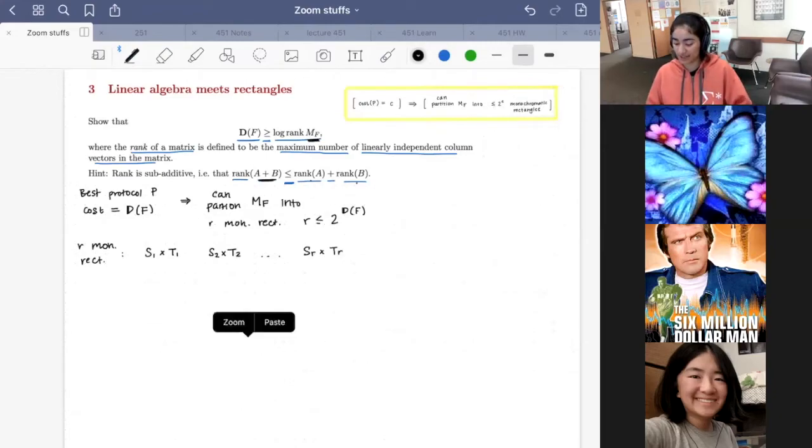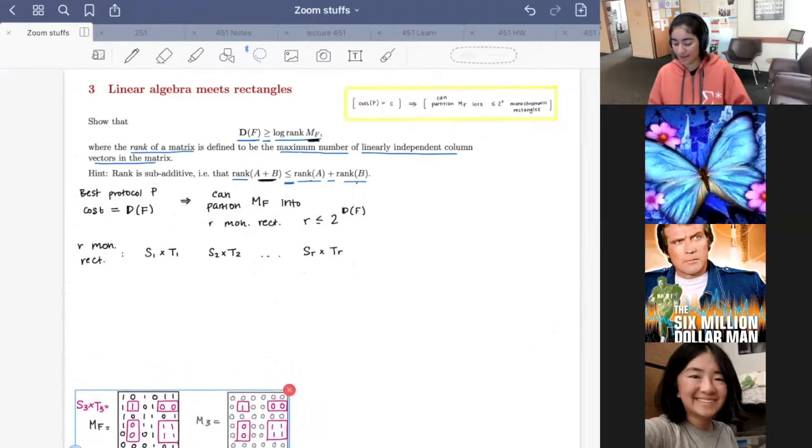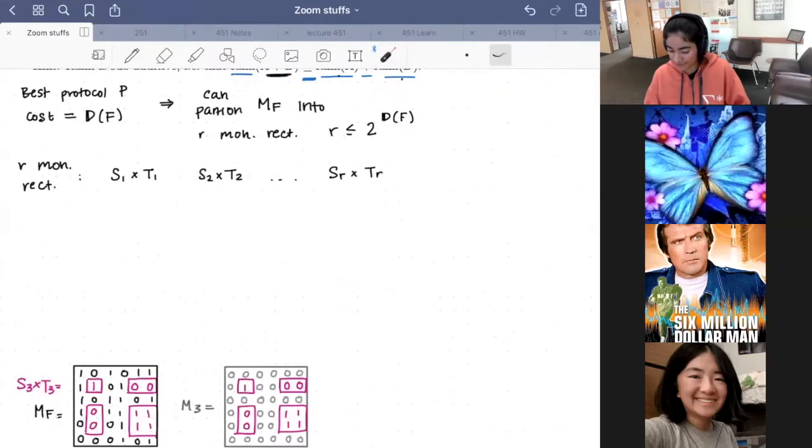Visually, here's an example of what that would look like. If this black rectangle right here is my matrix MF, I pick some rectangle, let's say S3 cross T3, for example. My rectangle is going to be some subset of the entries here, and they are monochromatic. I should have drawn them all the same. Let me fix that real quick.